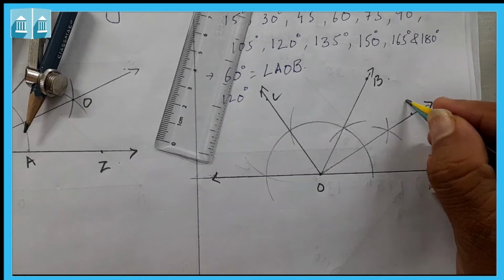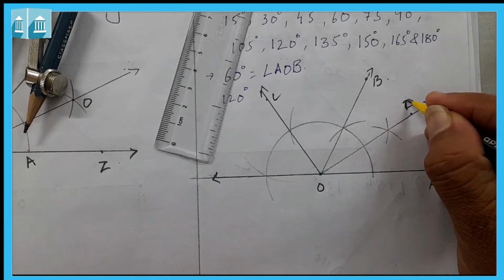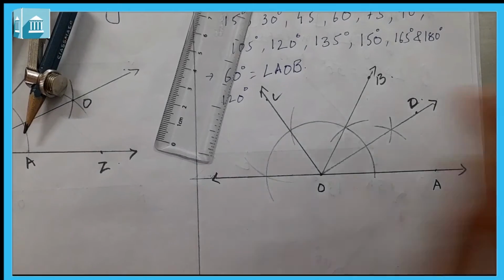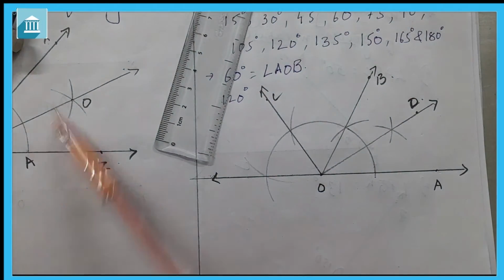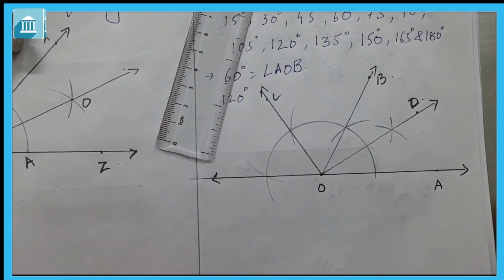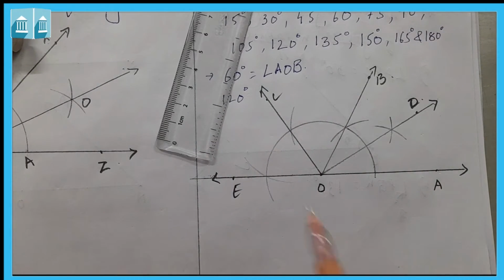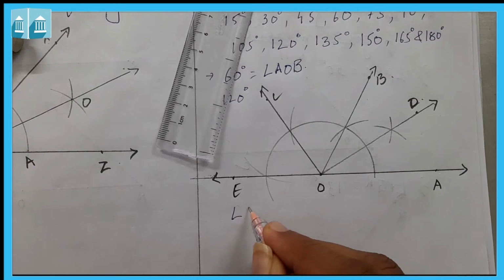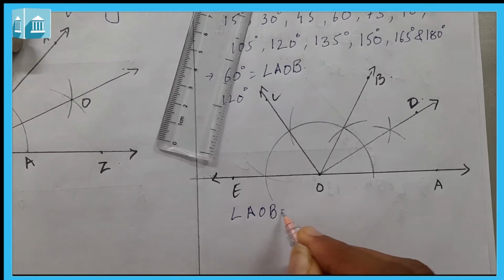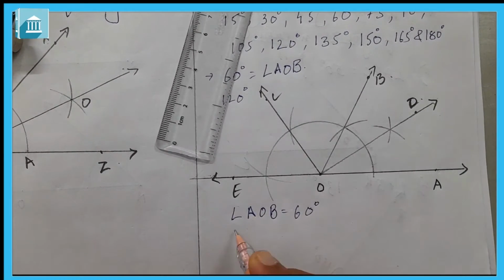Angle AOD is equal to 30 degree. We can write here, let us give here E. Angle AOB is equal to 60 degree.